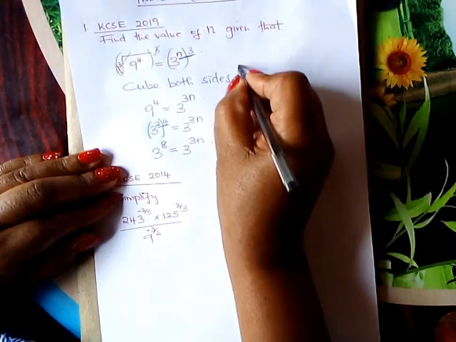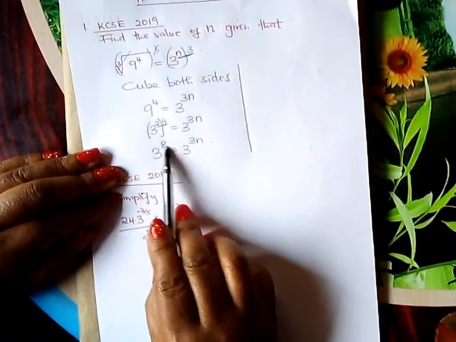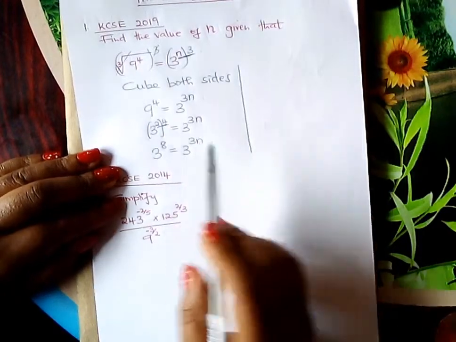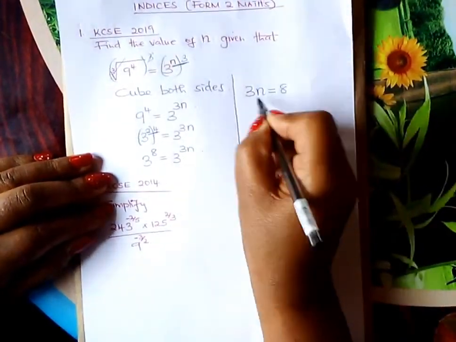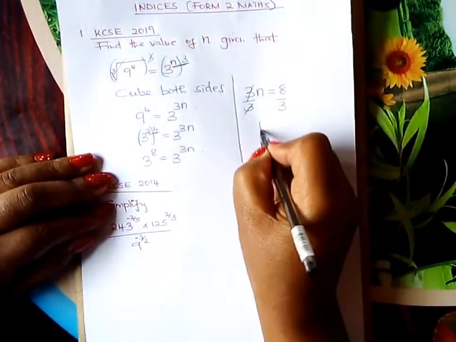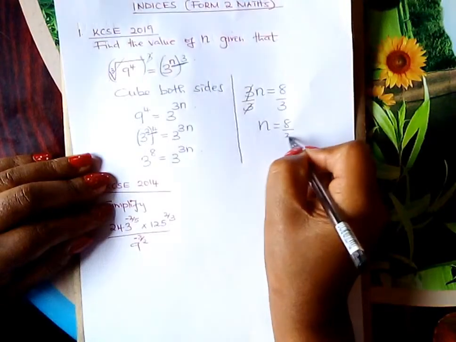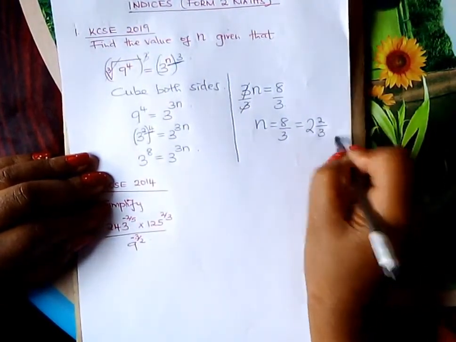Now we have common bases, and therefore you just equate the powers. 3n is equal to 8, and therefore divide by 3, and so n is equal to 8 over 3, which is equal to 2 whole 2 over 3.